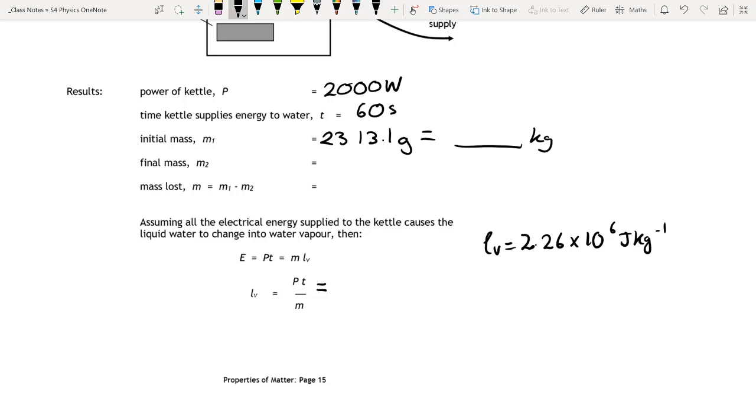So I'm waiting until it starts running and then I'll start my timer. We drink tea in the physics department. So I'll just wait till that boils.